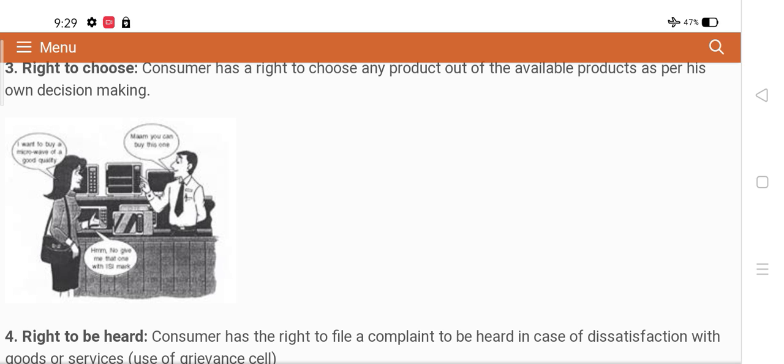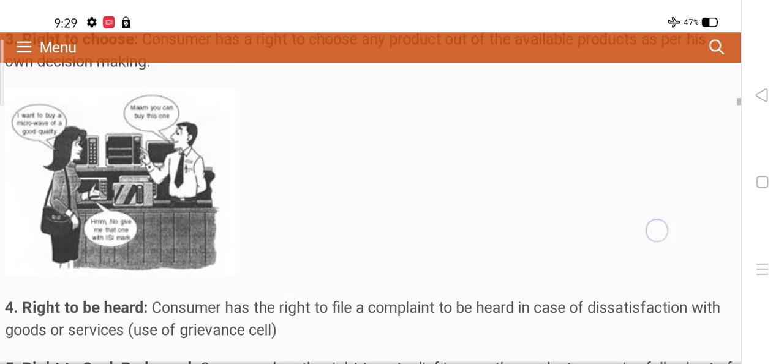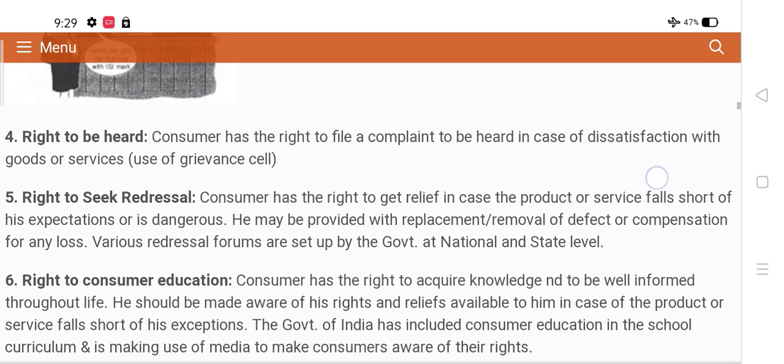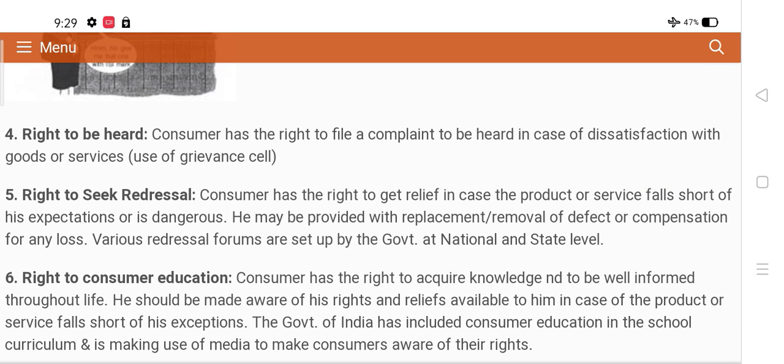The fourth right is the right to be heard. The consumer has the right to file a complaint and be heard in case of dissatisfaction with the goods or services. So if the consumer is not satisfied with the goods or service, he has the full right to file a complaint, and that complaint is to be heard.